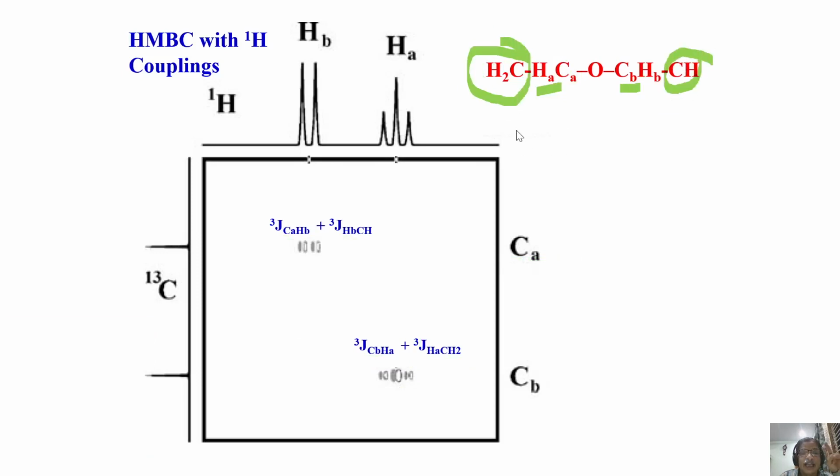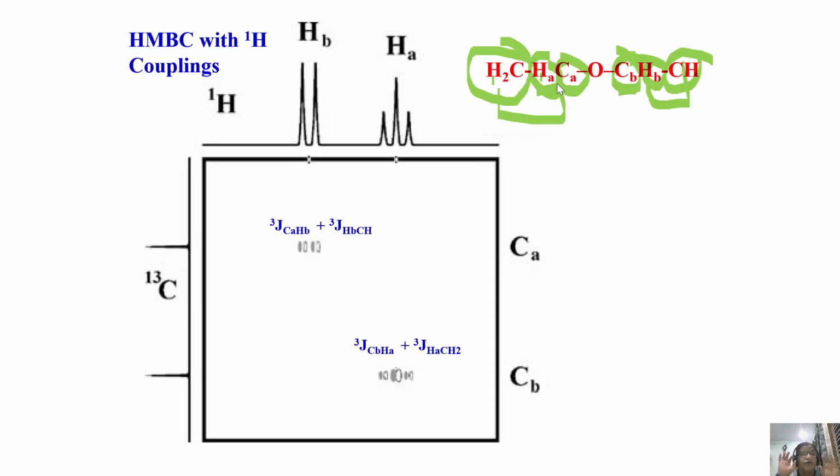Now exactly the same we saw in HSQC. In addition to that, in the satellite spectrum, coupling between this proton and this proton is seen at Ca site in HSQC. Coupling between this proton and this proton is seen at the site of Cb in HSQC. On the other hand, in the HMBC, this carbon correlates to this proton and this coupling is seen. This carbon correlates to this proton and this coupling is also seen.